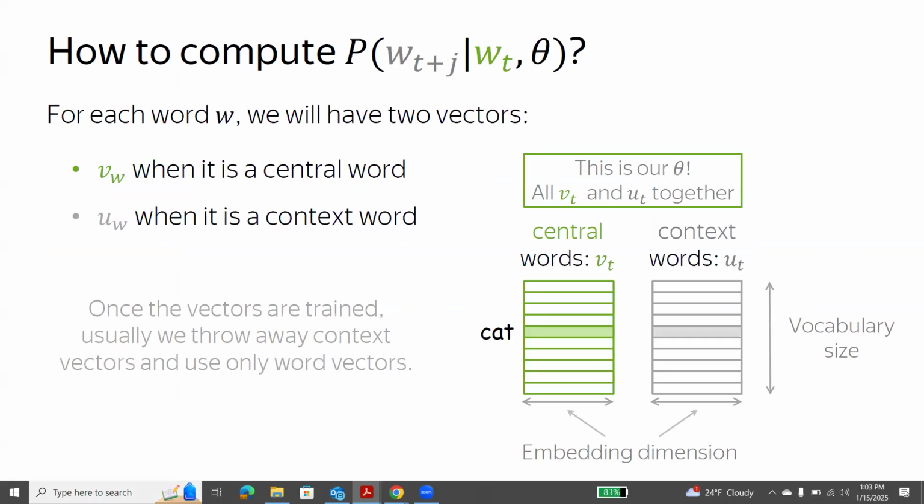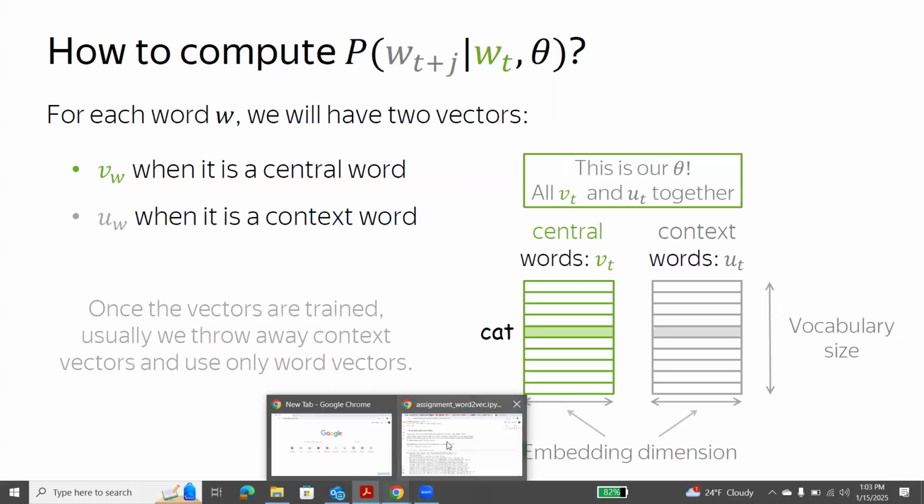So the question is how to actually create the vectors for these words. The answer is just initialize by random numbers. So in code, I want to show you.